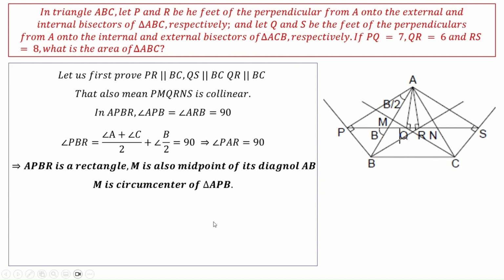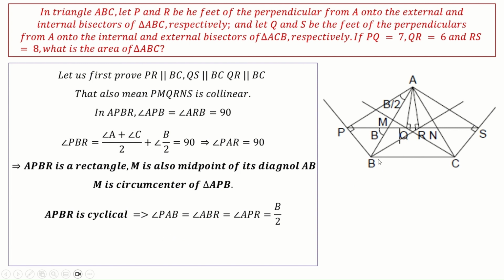Remember this. Similarly, the same thing we can prove for AQ. Of course, one more property is APBR is cyclic because opposite angles sum to 180 degrees.